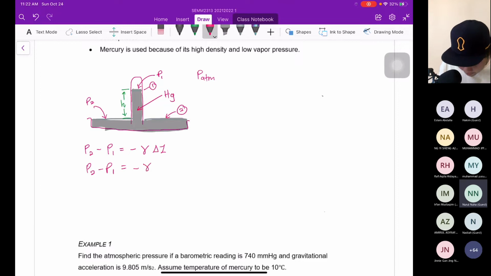The gamma of mercury. Okay, so delta Z refers to the difference here. So how do we get it correct? Is it Z1 minus Z2 or Z2 minus Z1? Which one is correct?